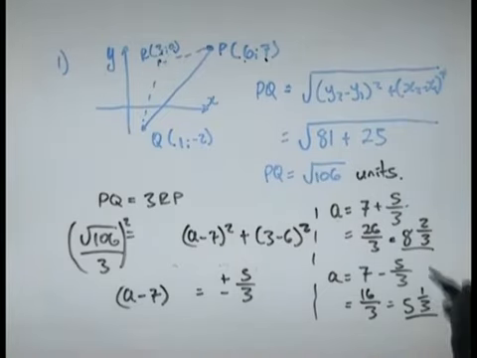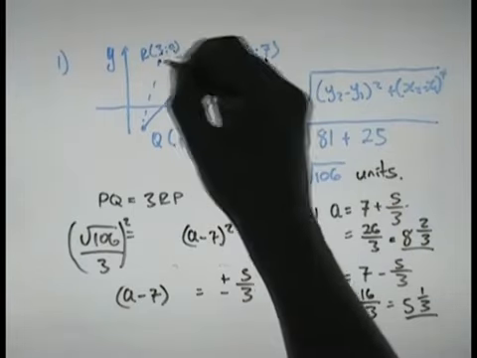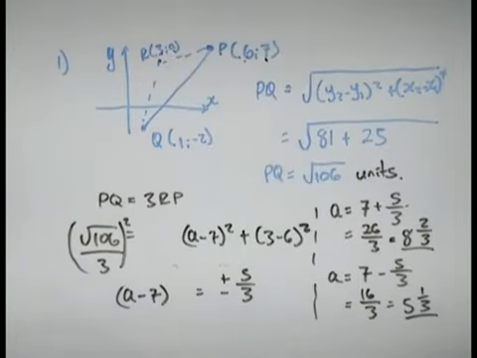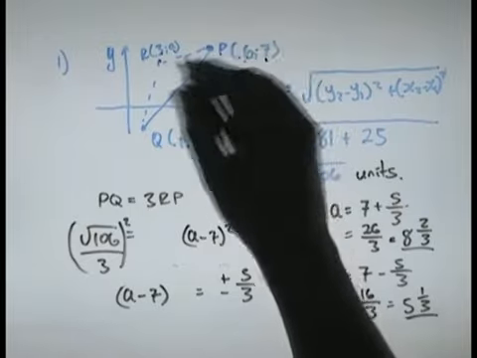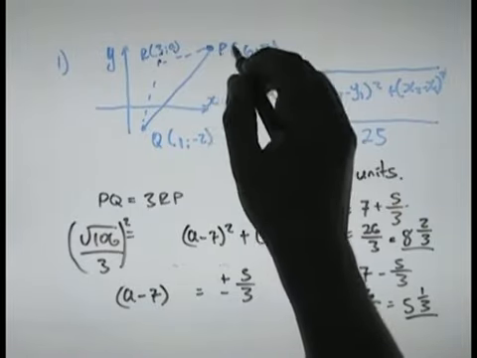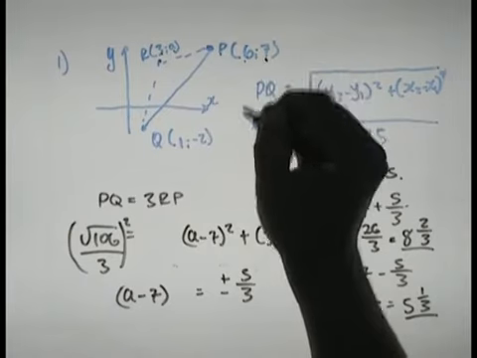What does that mean? That means that there are two possibilities that A can have in order for RP to be a third of the length of PQ.